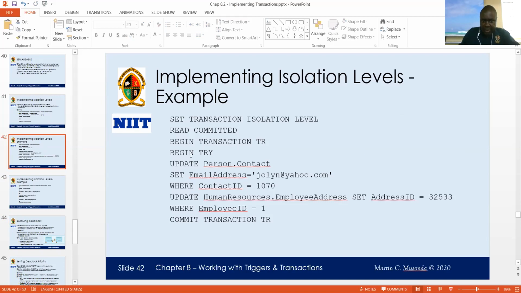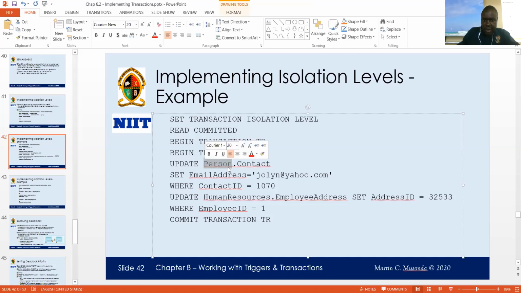Once we have begun the transaction, we want to update the contact details. There's a table called contact, and the schema is called person. Now, in this table called contact, we want to set the email address to that value, for a contact where the contact ID is 1070.